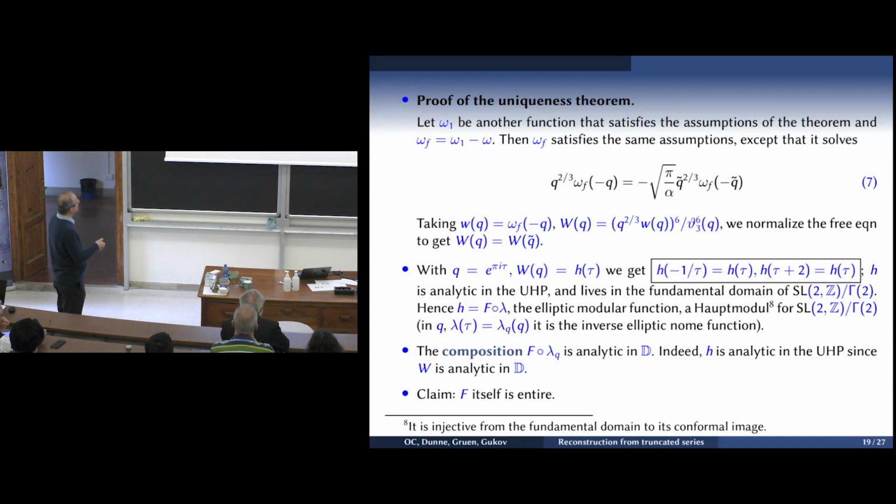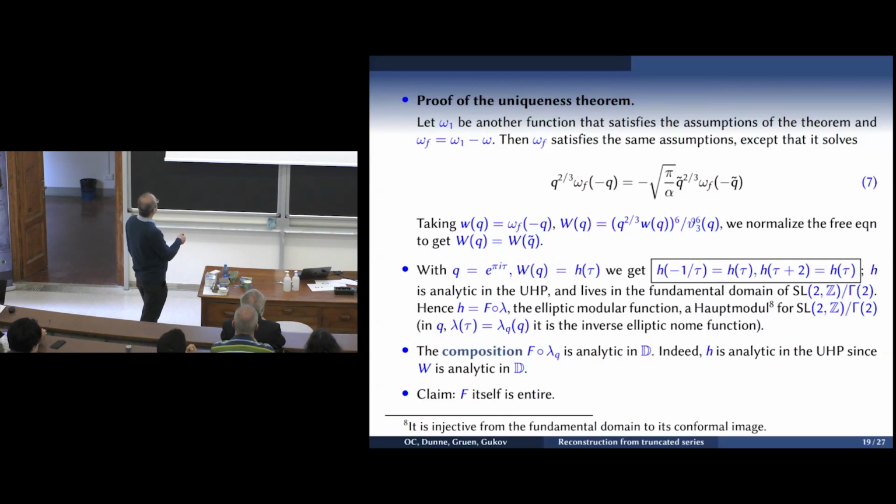So W of q must be a function of this tau, for sure. And this relation tells me that W is invariant under the inversion, one of the generators of SL2(Z). And this is the other generator, tau into tau plus 2, because we are dealing with functions of q. So far, so good.